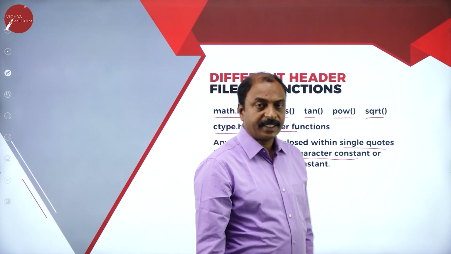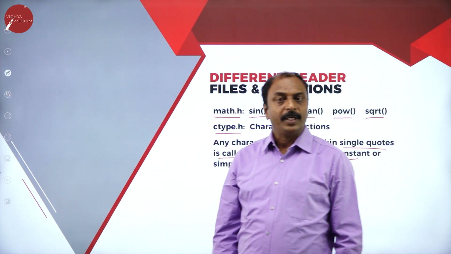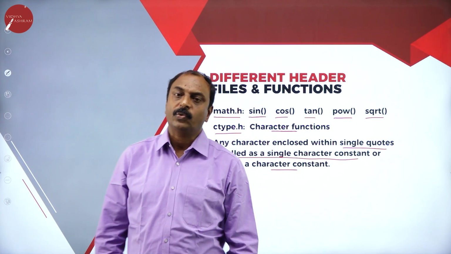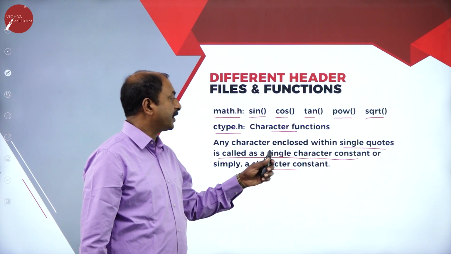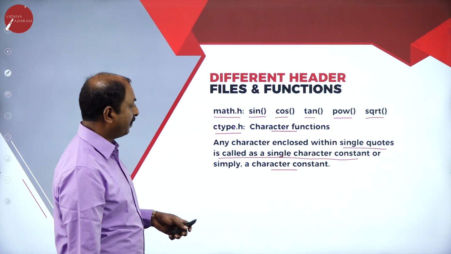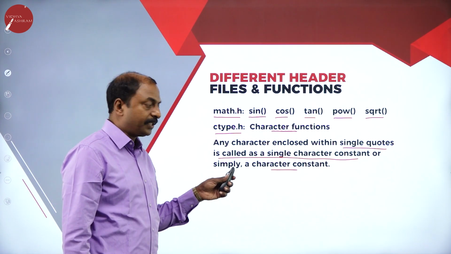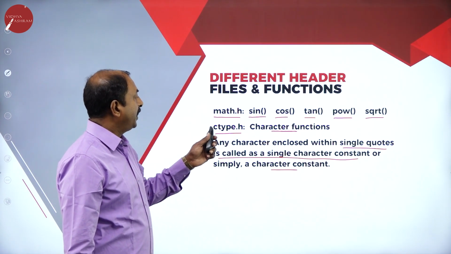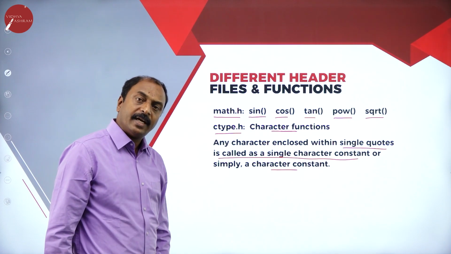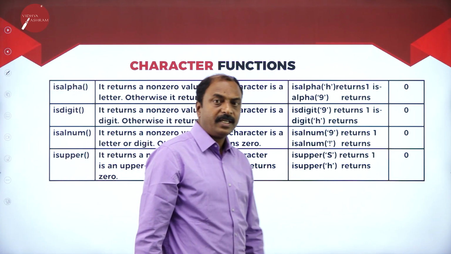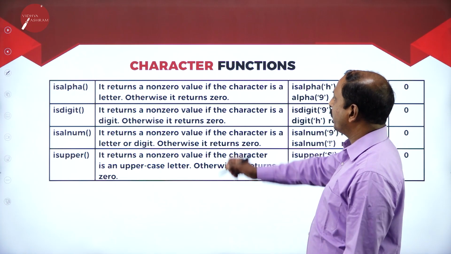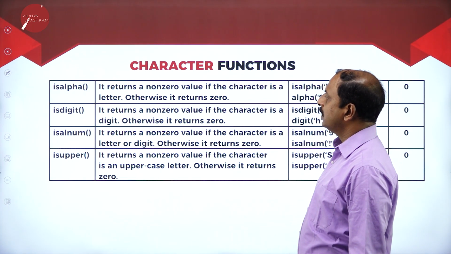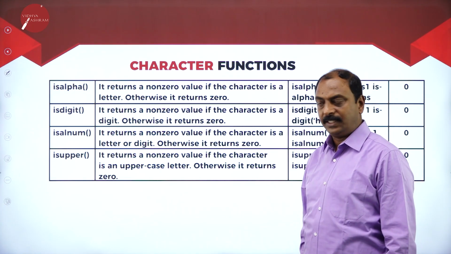Any single character enclosed between a pair of single quotes, or single quotation marks, is called a character constant. So to work with character related operations, we have to make use of ctype.h as the header file. Now, in the next slide, we will see the different character functions under ctype.h.